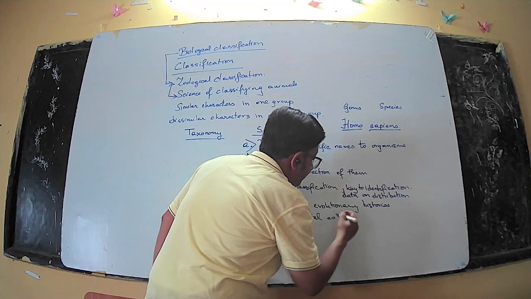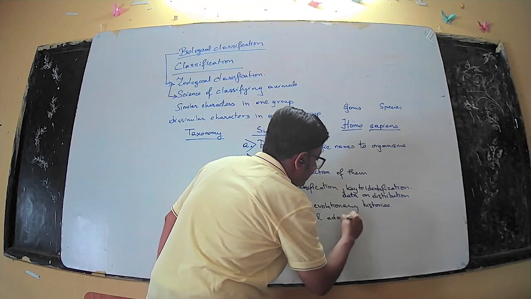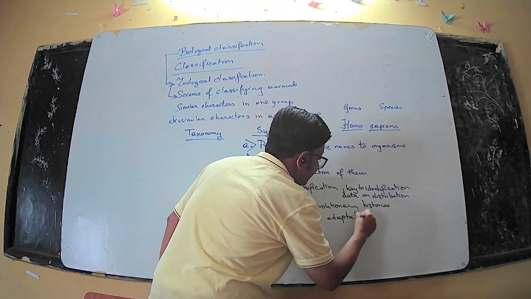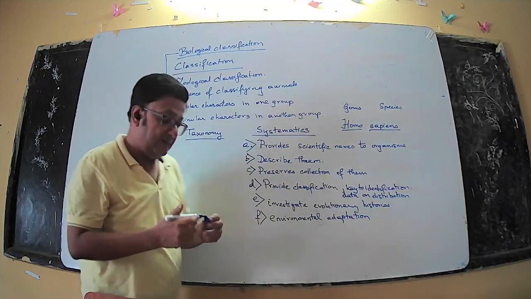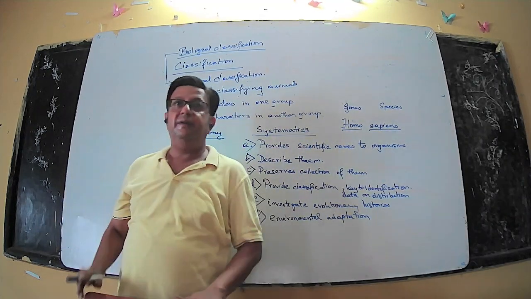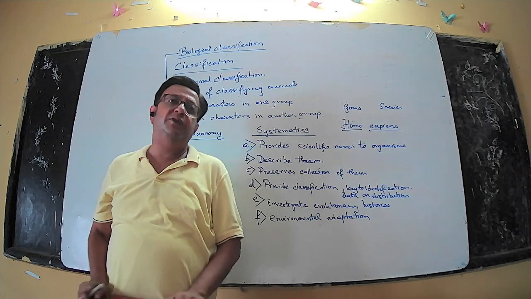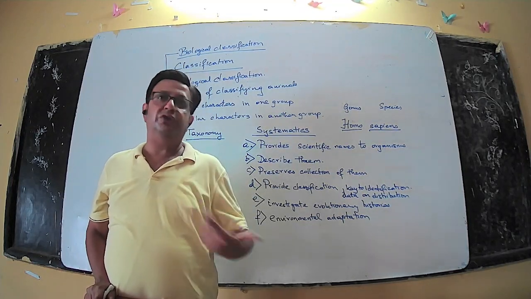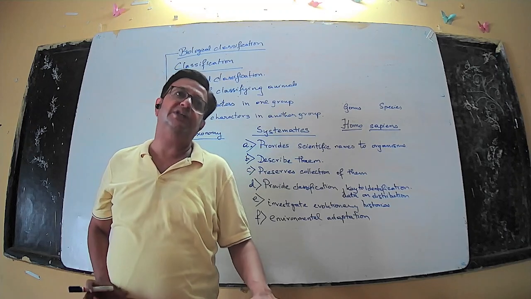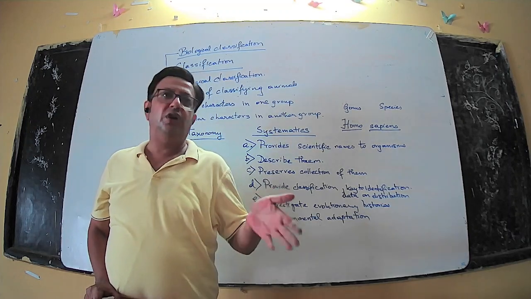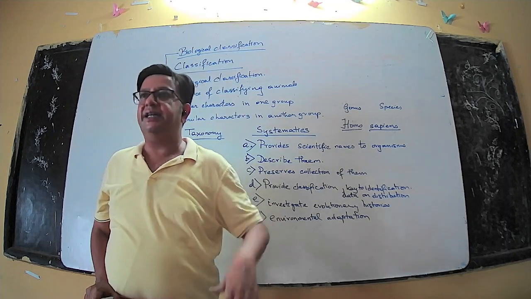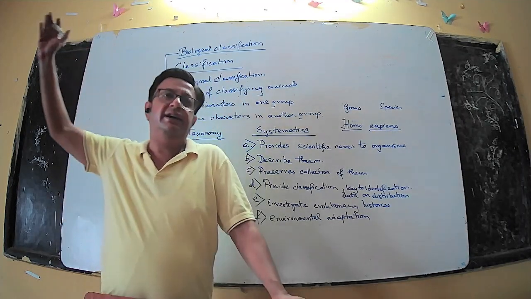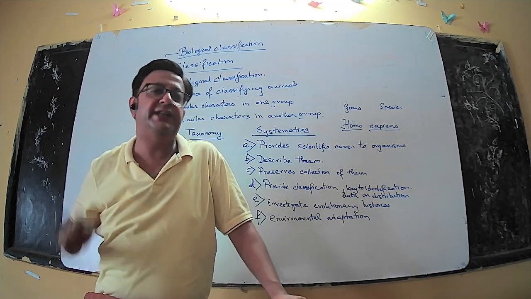And environmental adaptation. That is, some organisms are adapted to arboreal life, some are adapted to fossorial life, some are adapted to cursorial life. Some live in water, some on land, some in the sky, some fly in the sky, some reside on trees.